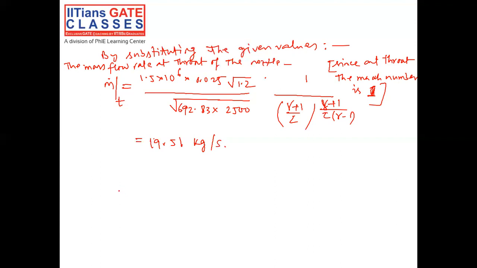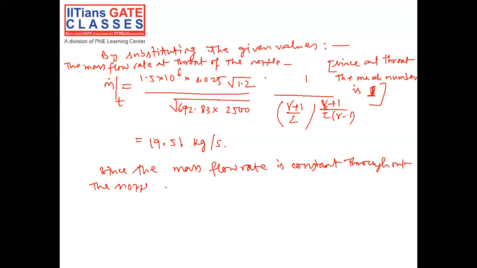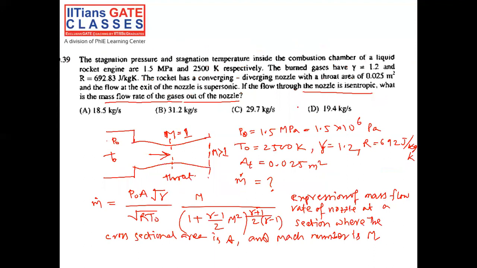And since the mass flow rate is constant throughout the nozzle, the mass flow rate at exit is the same, which is 19.51 kg per second. So the correct answer is D.